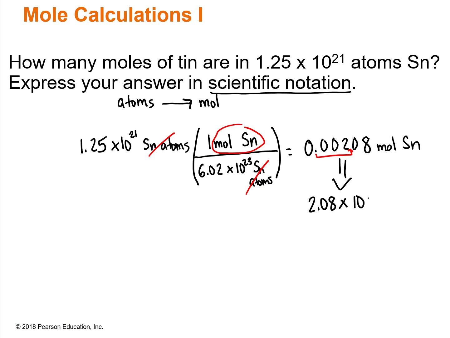Since we moved it to the right and we know that our number is smaller than 1, our exponent is going to be negative. 1, 2, 3. So that's just a little refresher if you didn't remember offhand and you didn't have time to flip back in your notes or something. You will need to be able to express your answer in scientific notation.